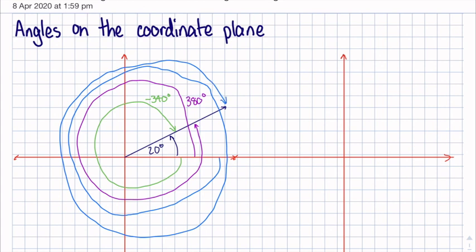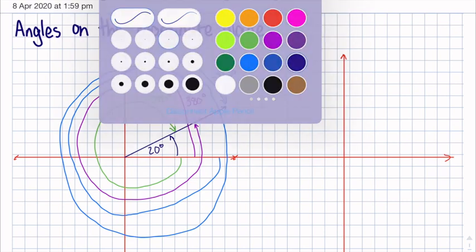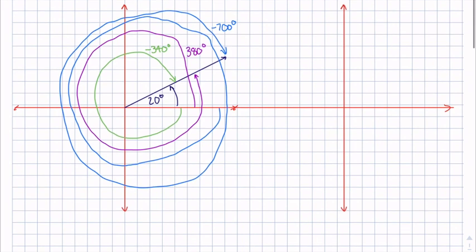And that would have been minus 700 degrees. And I could keep going literally forever. So 20 degrees corresponds with negative 340 degrees, 380 degrees, negative 700 degrees, and literally you could keep going, etc.